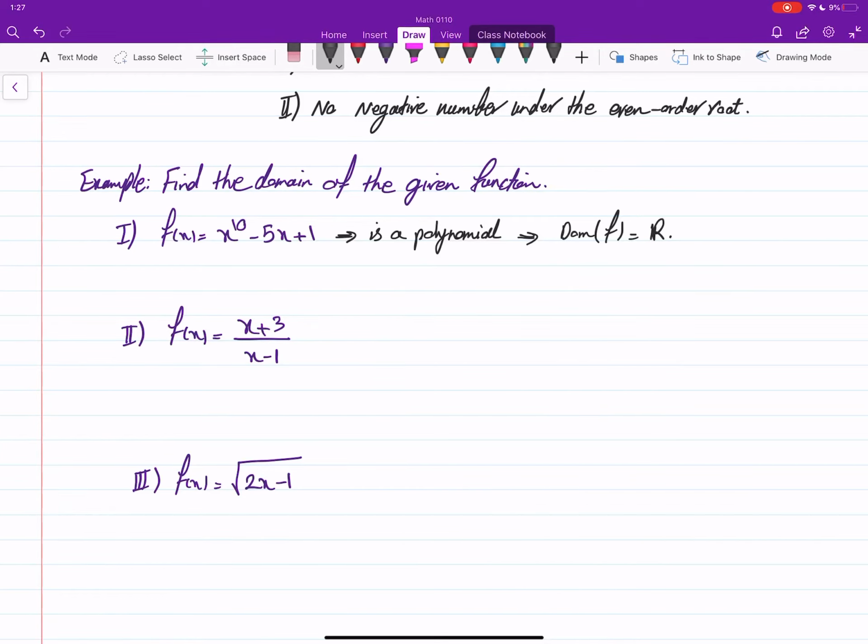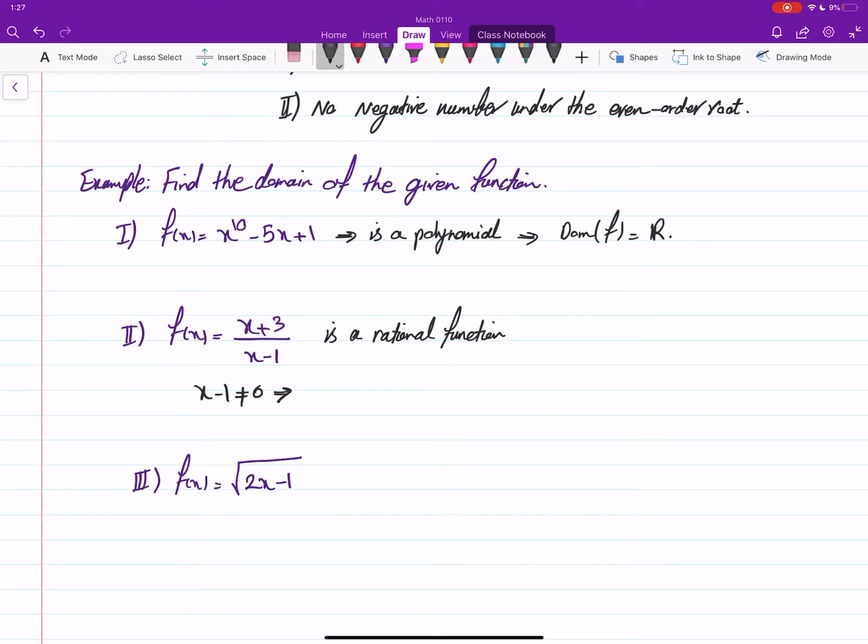The second example is a rational function. Wherever you see a fraction or a quotient, you have to be careful about the denominator. You have to make sure that the denominator is not 0. It means that we have to find points at which x - 1 is non-zero.